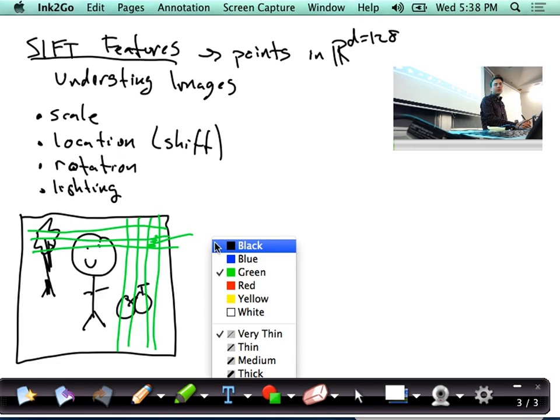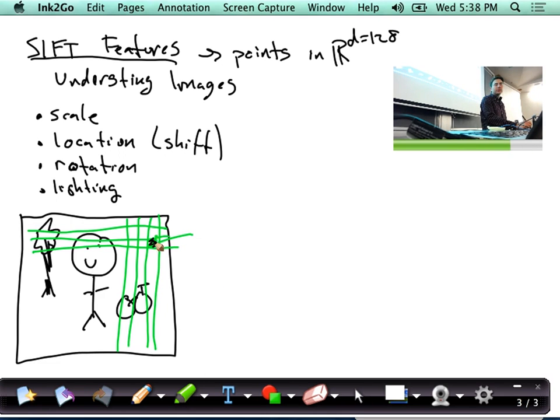This little piece in here is a pixel, and typically you store a pixel as three values if it's color: a red value, a green value, and a blue value, and combined together they give you a color on that pixel.